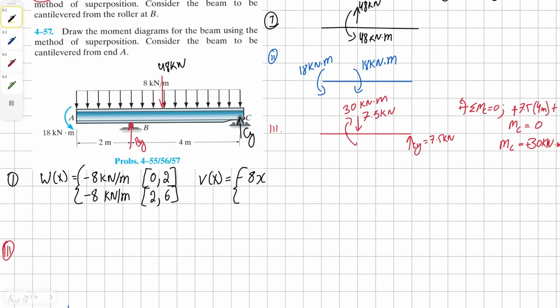And then for our second half, it's going to be negative 8x plus our constant, but our constant in this case is going to be 48, because we know when x is 2, we're going to have this vector here, which is going to bump our shear to 48 positive.